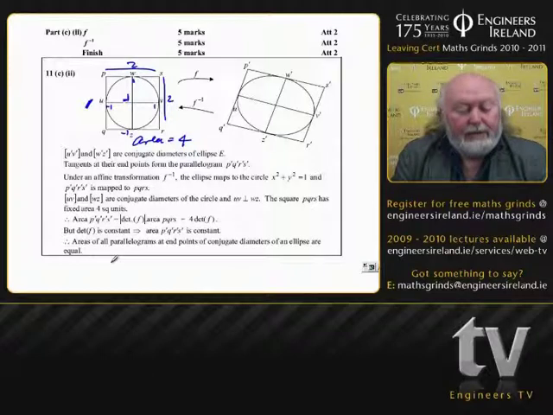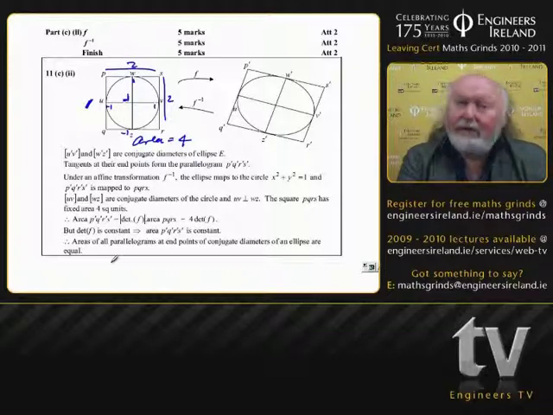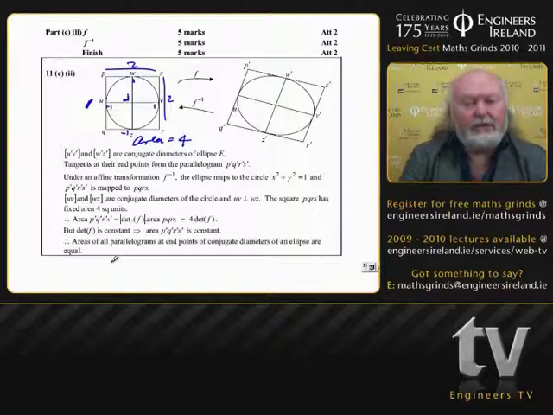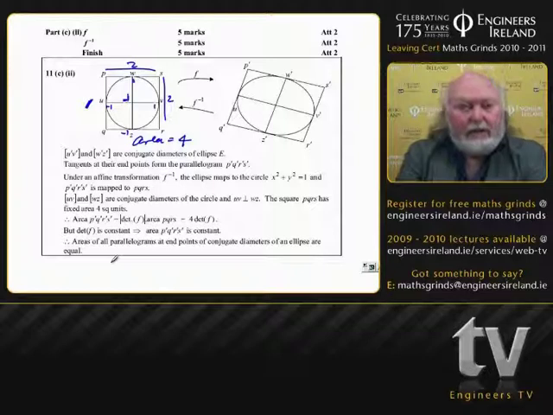And no matter what way I set up my conjugate diameters of this circle, I'm going to finish up with a square formed by the tangents, so they all have the same area in this circle world, and the area is 4 for the unit circle. It'll be 4r squared for any other circle.